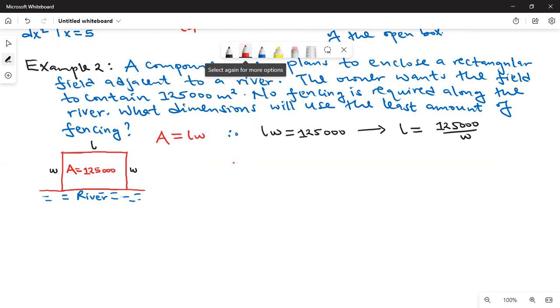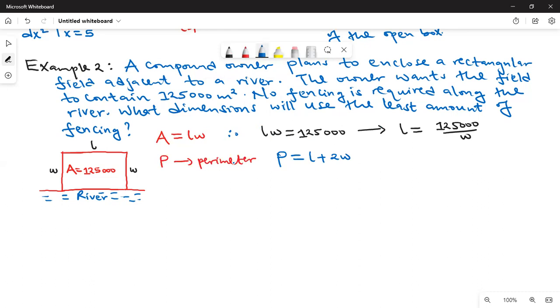That means we'll be talking of the perimeter of the wire. So let P denote perimeter. We know perimeter is given by length plus 2W. That's the perimeter of the wire that we are going to use in fencing.